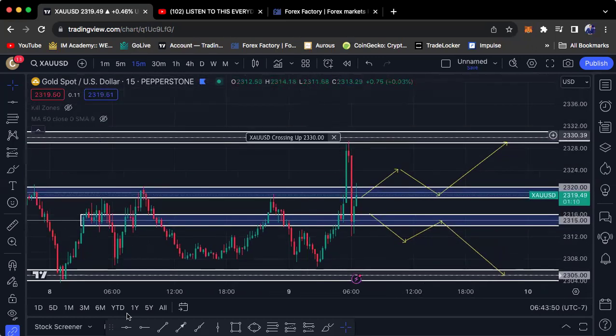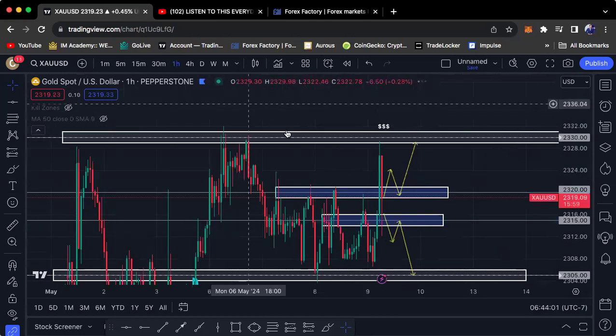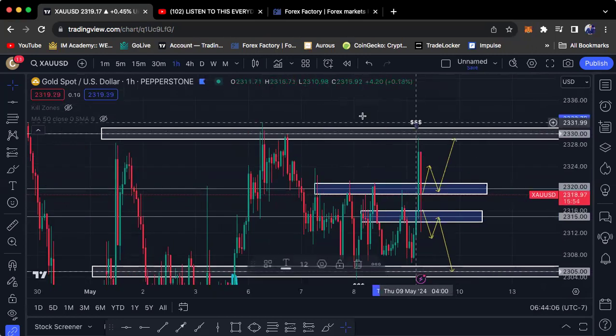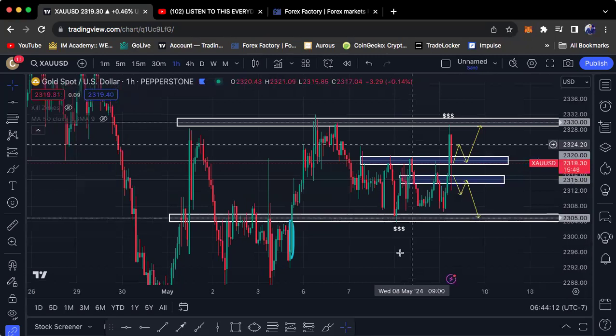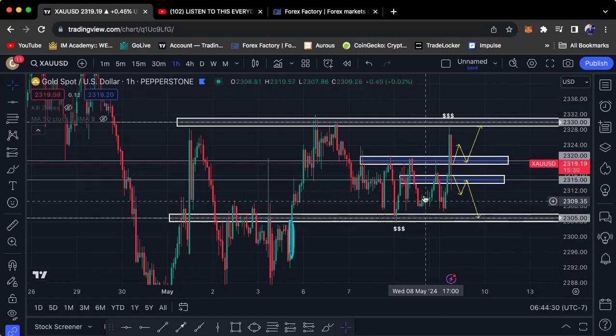There's also money up here. This is money. Money up here. Money down here. So when you see liquidity, when you see money, it can either be your exit or your entry. I look for entries at liquidity.